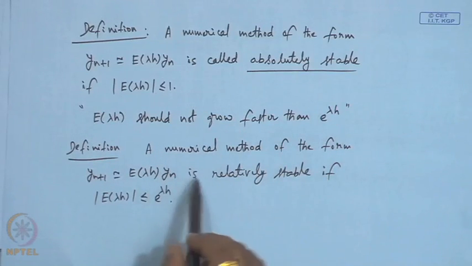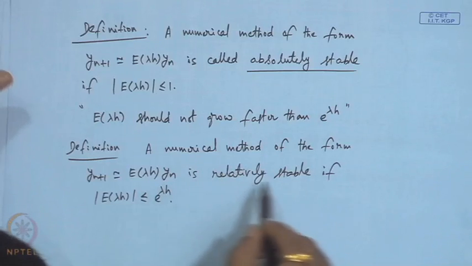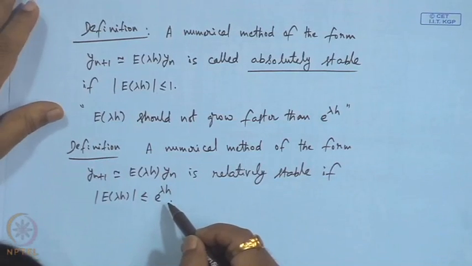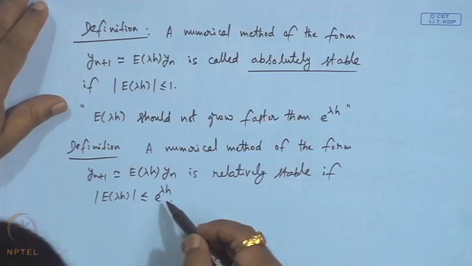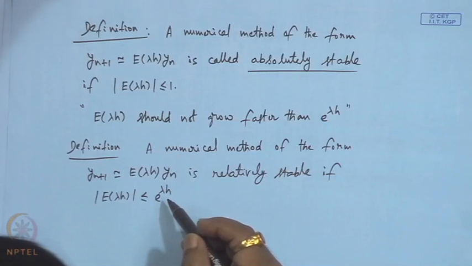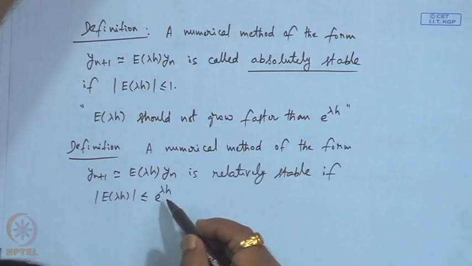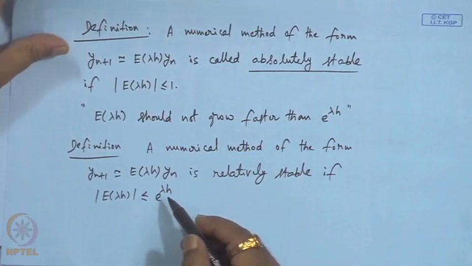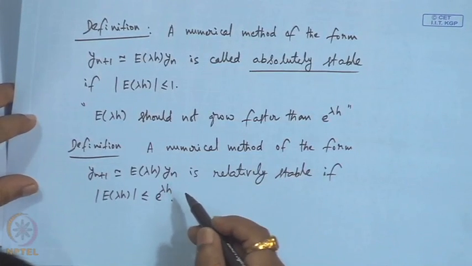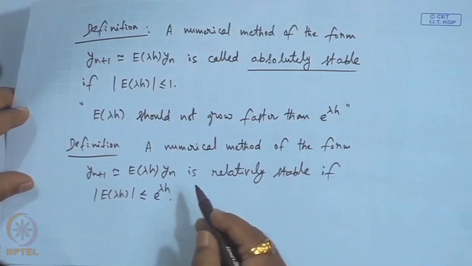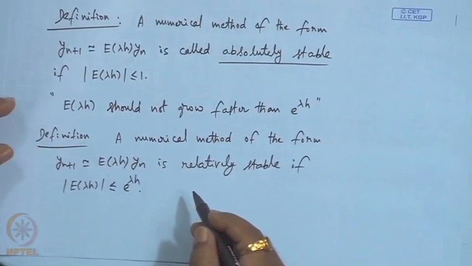That will introduce: a numerical method of the form is relatively stable if this happens. Okay. So, for a particular single step method, these are important criteria, absolute and relative.